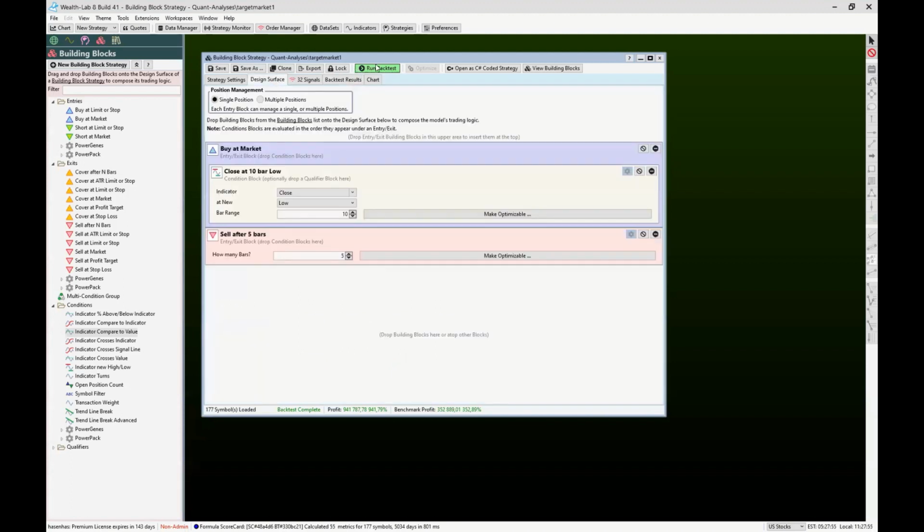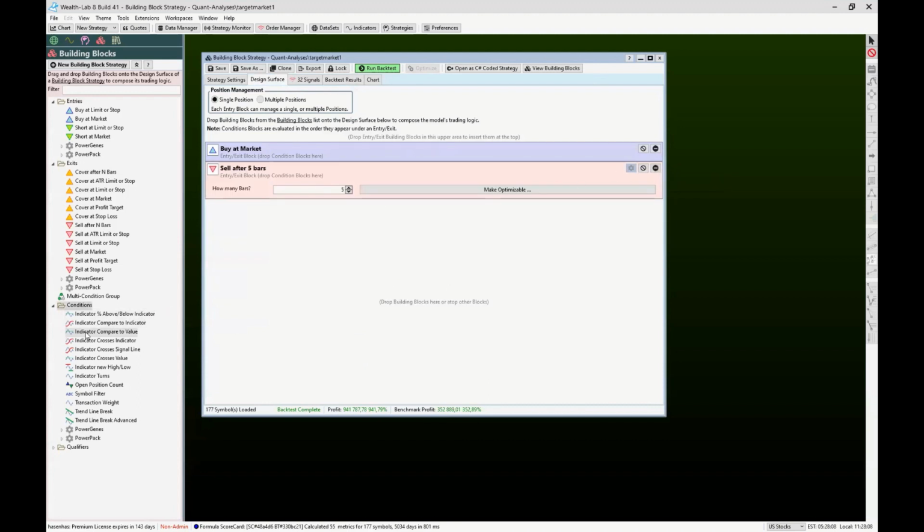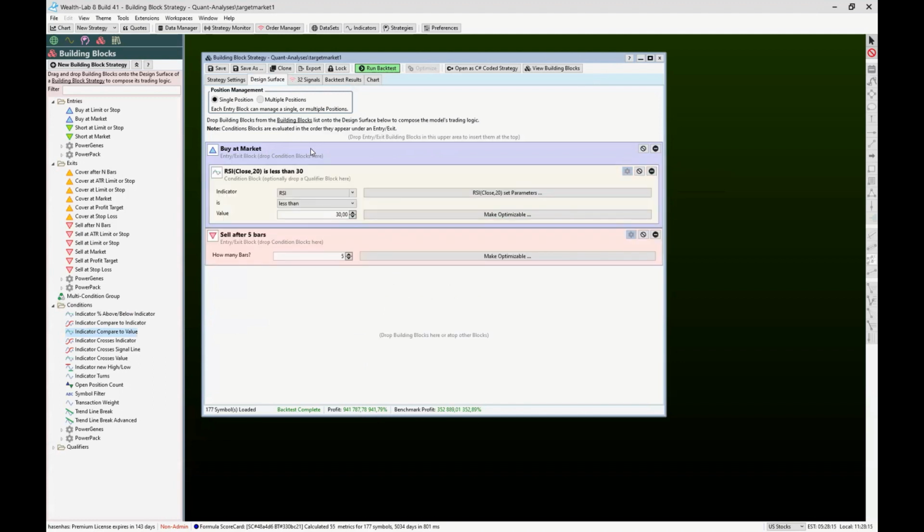Let's try a similar approach, but a little bit different. We remove this block and pick another one, indicator compared to a value. We grab this block and put it on here.